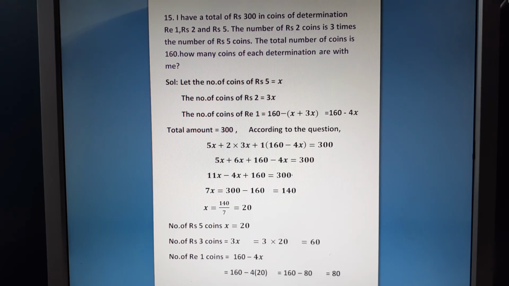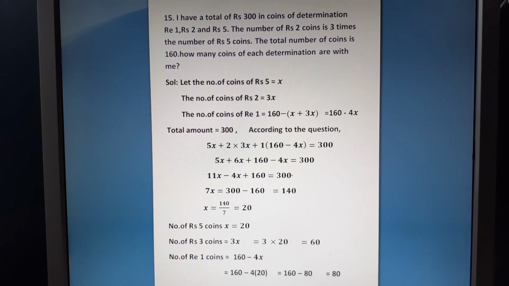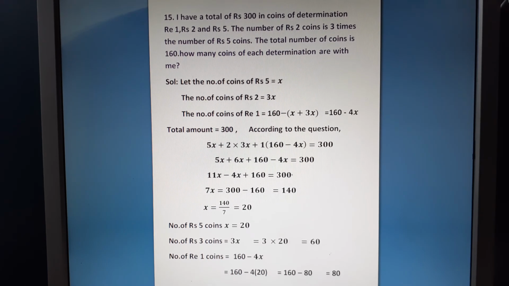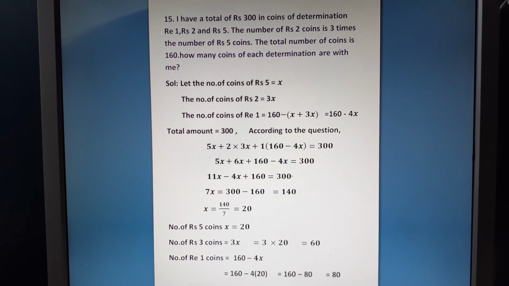Because it is given in your question, the number of 2 rupees coins is 3 times the number of 5 rupees coins. So, here we put 160 minus 4x for 1 rupee coins. The given total amount is 300. According to the question, 5x plus 2 into 3x plus 1 into 160 minus 4x is equal to 300.